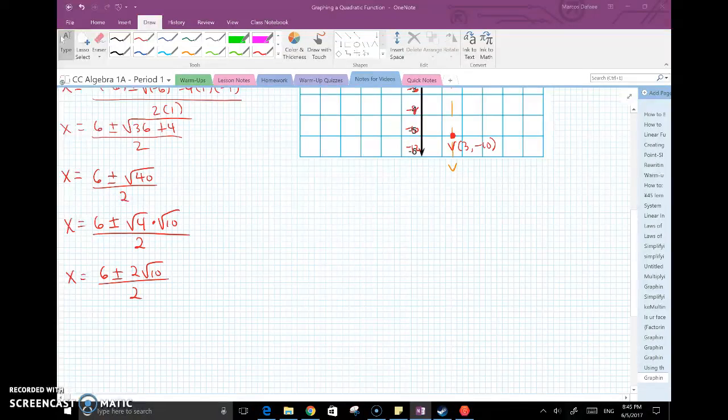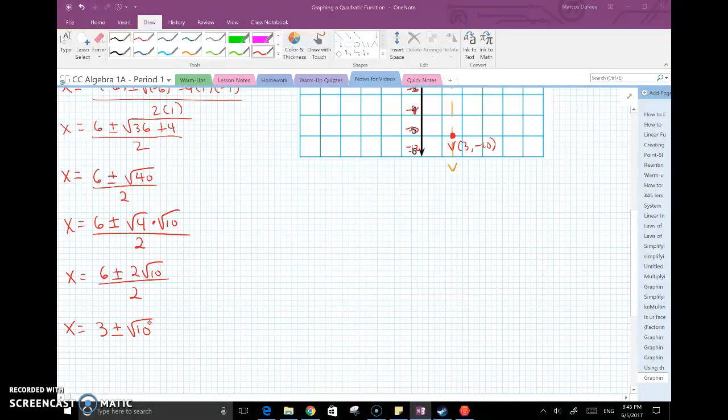Now, because this 6 and this 2 are both being divided by a 2, and 2 divides into a 6, and it also divides into this 2, I can divide 6 and 2 by 2. And that will simplify everything. So 6 divided by 2 is 3. Plus or minus stays plus or minus. 2 divided by 2 is 1. So I just get radical 10.